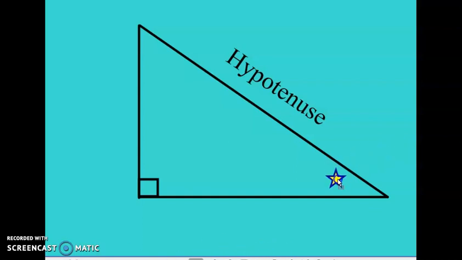So the next thing, if my position is where the star is, the side opposite the star, that one is opposite the star, and this one is adjacent to the star. It is tied to the star and the 90-degree angle, right?